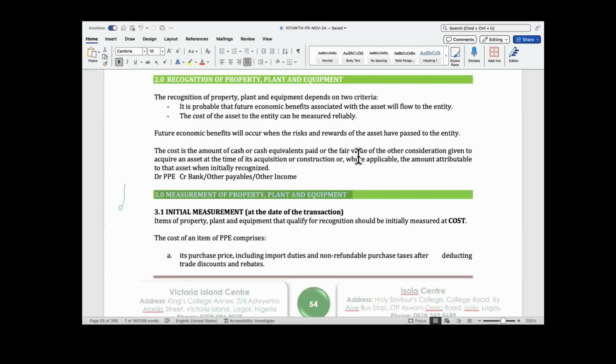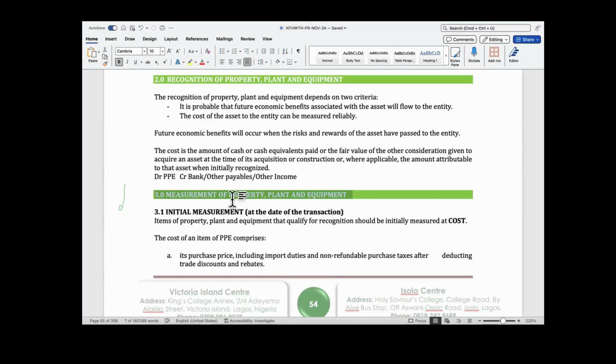Okay. So we are on how much do you recognize it in your books? Leave technicality alone. It's quite simple. When you buy something, you know how much you bought it for. But when it comes to IAS 16 and we are looking at measurement, there is a measurement we call initial measurement.